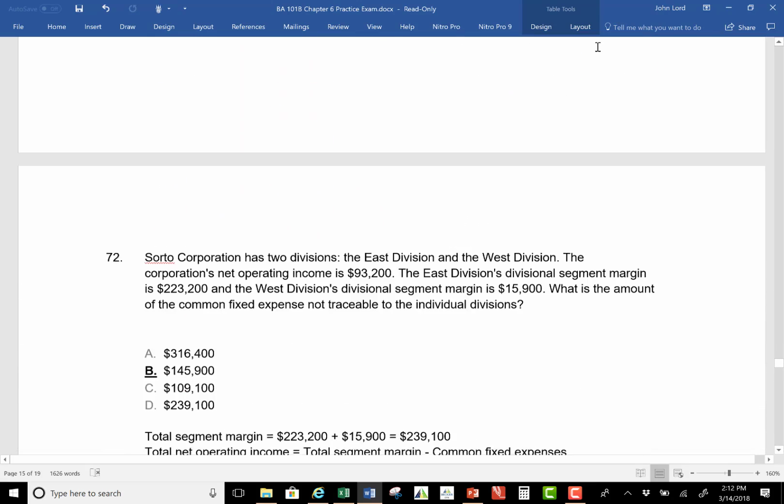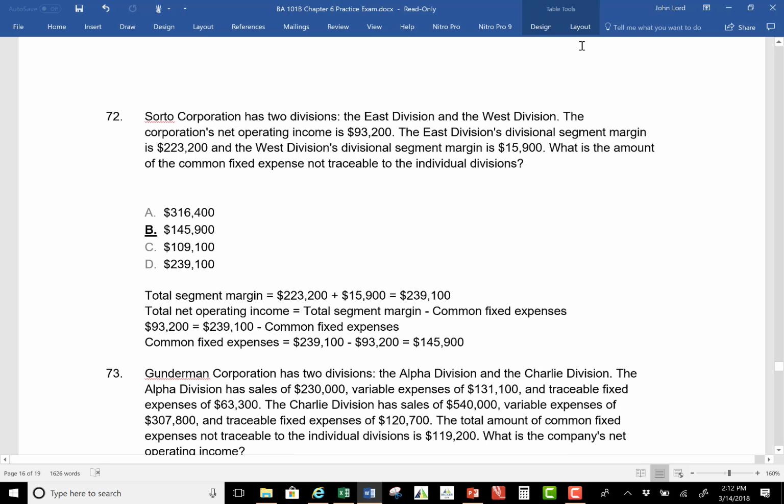Let's take a look at the next one. These numbers are weird in here. Soda Corporation has two divisions, East and West. The corporation's net operating income is 93,200. East Divisional segment margin is 223,200. West Division segment margin is 15,900. What is the amount of common fixed expenses?